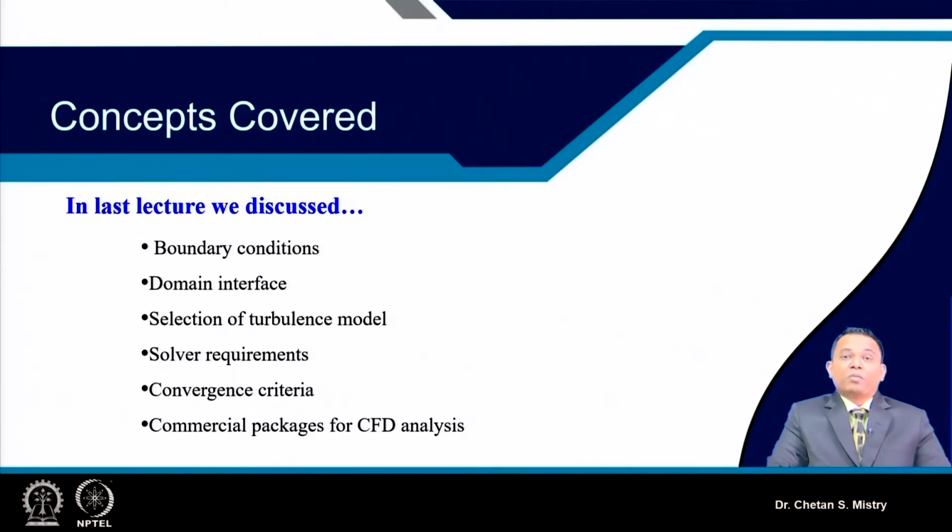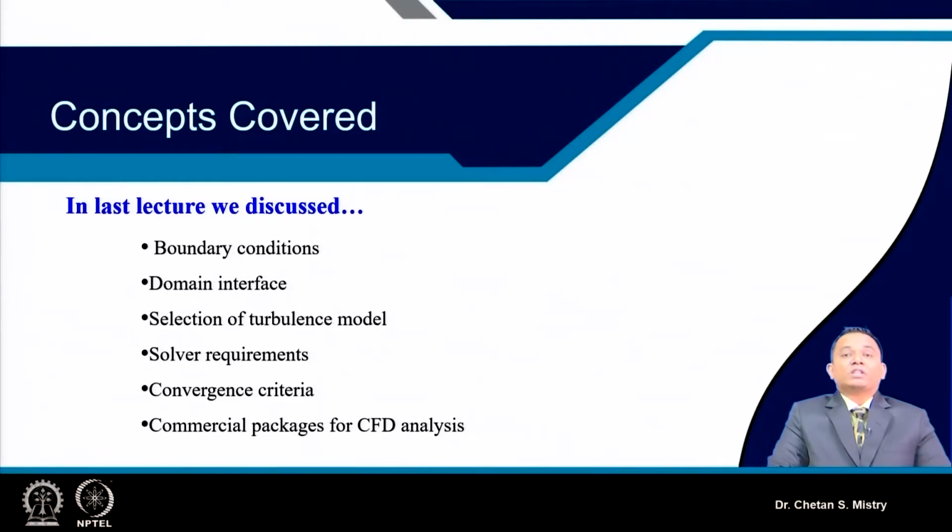We were discussing the solver requirements, where we discussed compressible and incompressible solvers. Those solvers can also be corrected as per the requirement, and we can go vice versa. Then we started discussing the convergence criteria. In terms of what parameters we are checking or what analysis we are doing, those need to be observed.